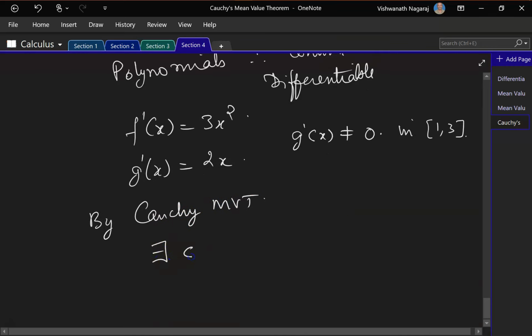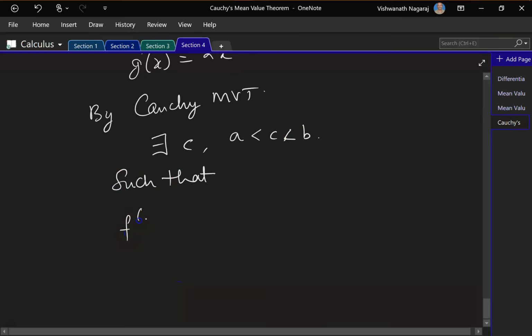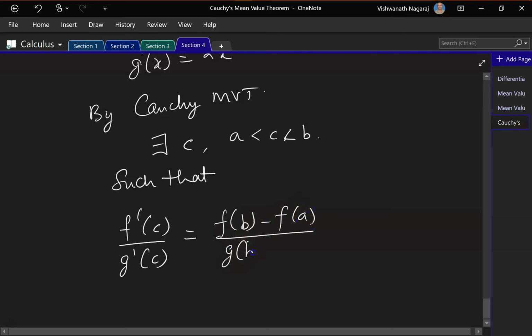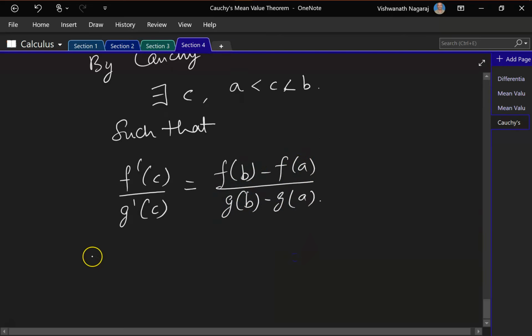there exists c between A and B such that f prime of c by g prime of c is equal to f of B minus f of A by g of B minus g of A. Okay, let's do the substitutions.